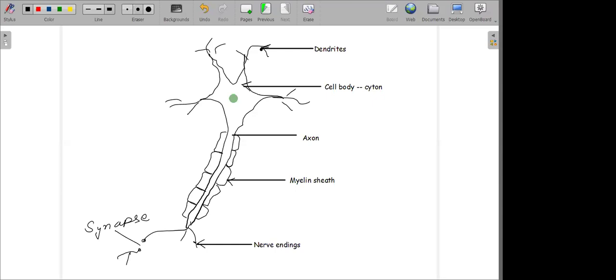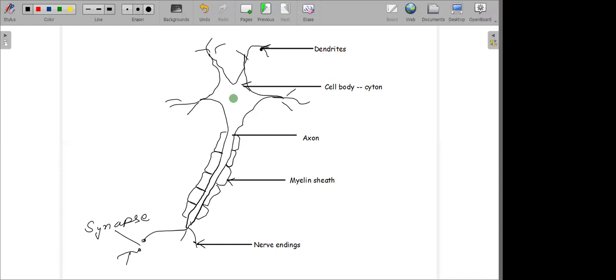Got this? So just show me the diagrams which you have drawn now. Pranav, have you drawn the diagram? Shravan, have you drawn the diagram? Okay.